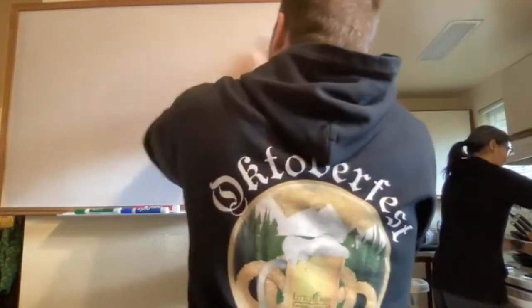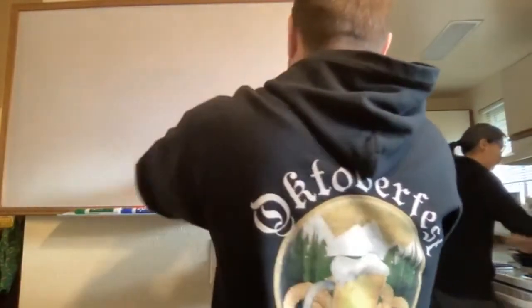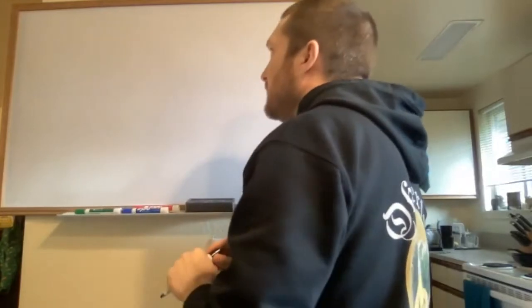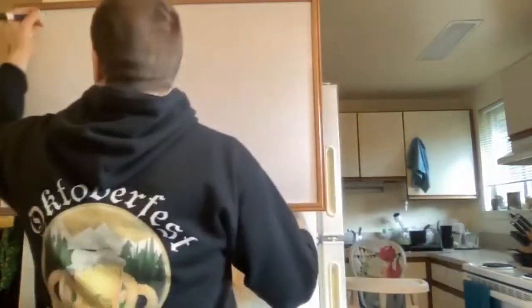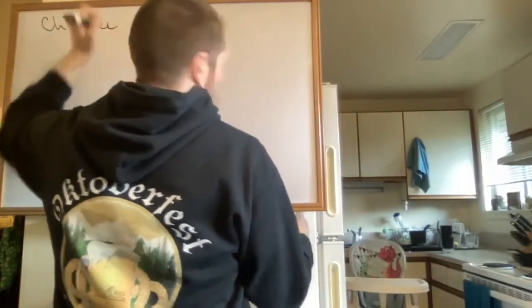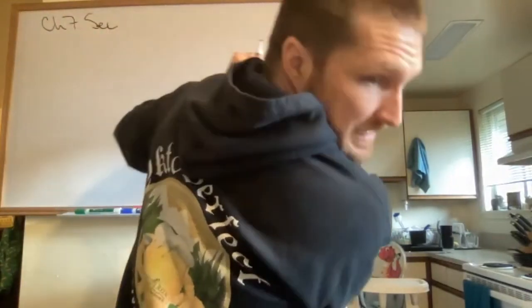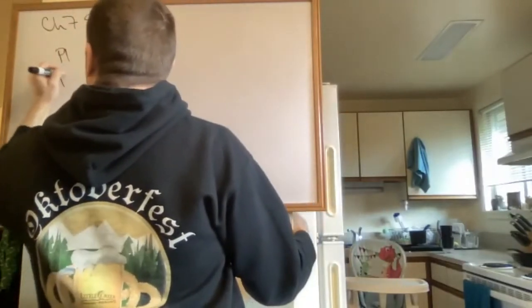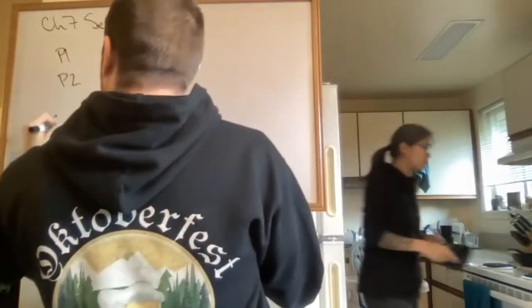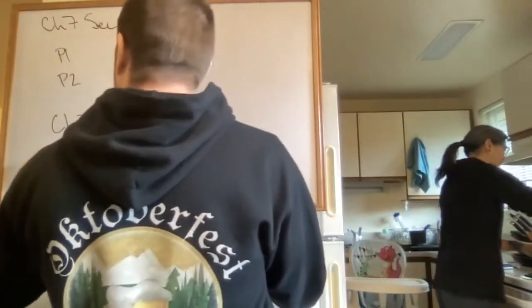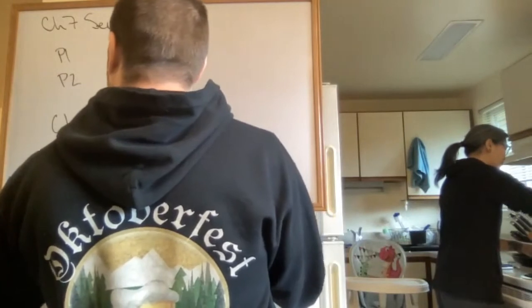It's going to look ugly because we covered 2 different sections, and I'm giving you part 1 and part 2 in each section. So let's organize it this way. From chapter 7, section 8, you'll have a part 1 and a part 2. And from chapter 7, section 9, you will have a part 1 and a part 2.